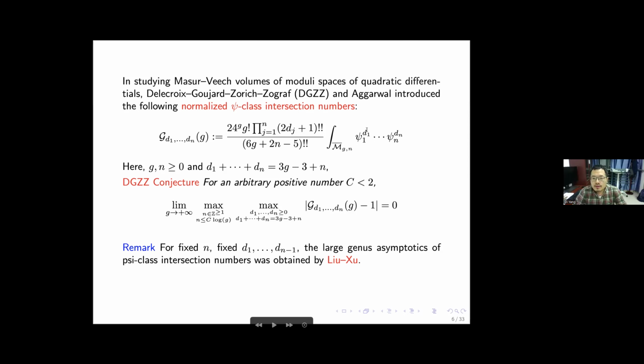Unlike these intersection numbers, which very quickly contain large primes, so the numerator contains large primes, these factorials do not have large primes, right? So for example, in the previous examples, when n equals 3, so d1, d2, d3 are 20, 21, 22.